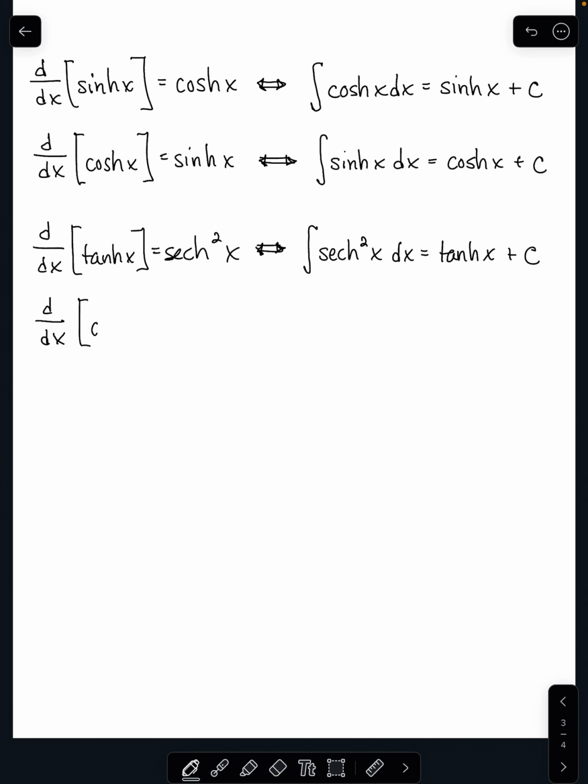The derivative of hyperbolic cotangent of x is equal to negative hyperbolic cosecant squared, which means that the antiderivative of hyperbolic cosecant squared of x dx would be equal to negative hyperbolic cotangent of x plus c.